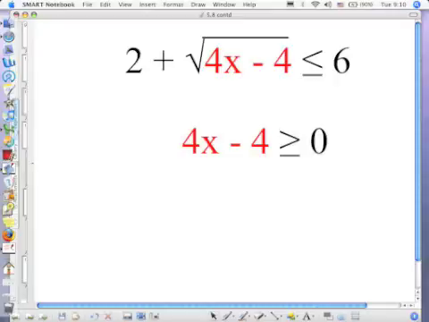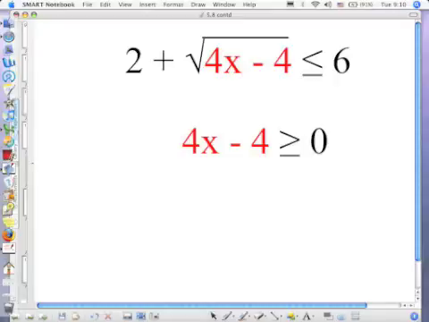As long as our radical is an even radical, square root, fourth root, sixth root, 50th root, whatever, it's an even root, you have to do this step first. If it's not an even root, you can skip this step completely. And this is why. Can you take the square root of a negative number?